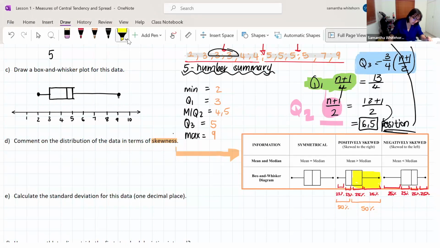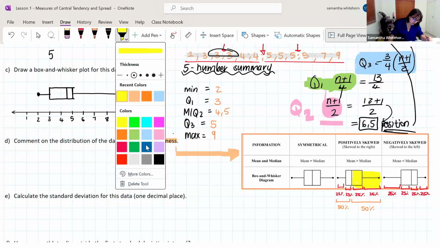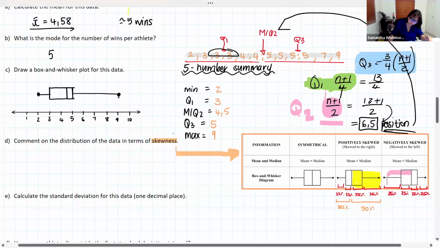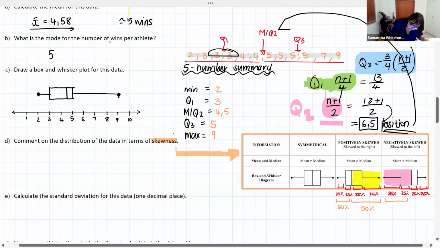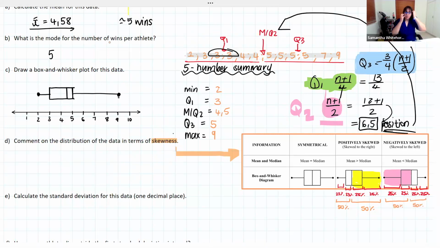So if we now have a look at a negative skew or a skew to the left, what we see is that it's now the bottom 50% that is more spread out, okay? These all contain the same number of values, but this bottom 50% is way more spread out than the top 50%. And we can think of this in terms of an actual example.